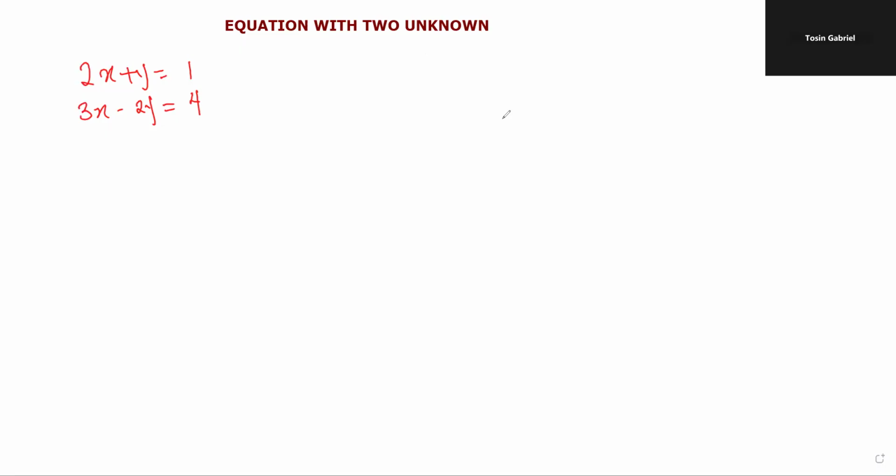For the sake of this course, we are going to be looking at the elimination method. For equation with two unknowns, you are going to have two equations, each containing x and y.